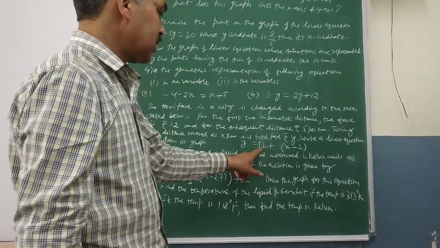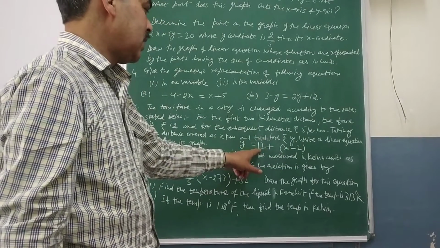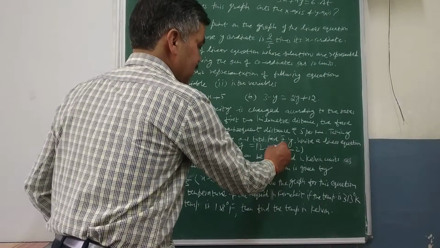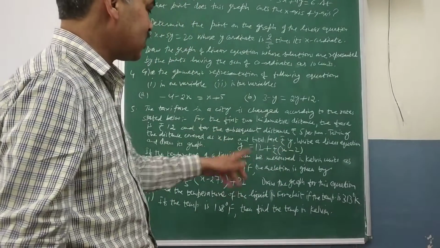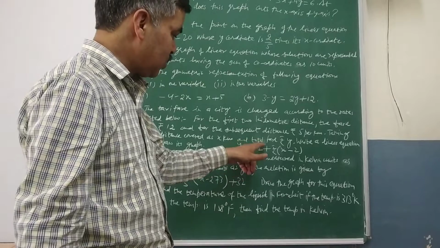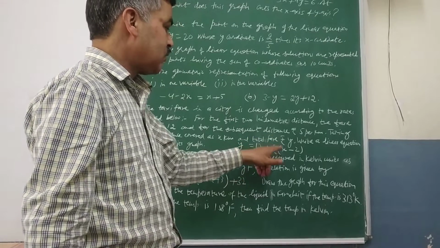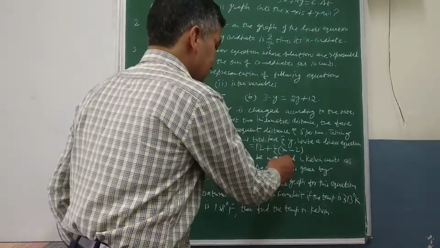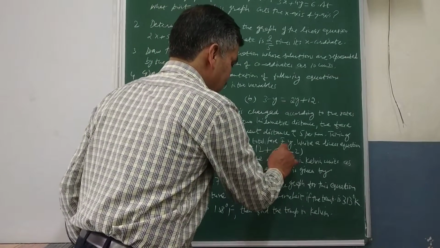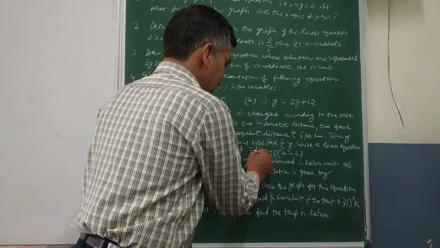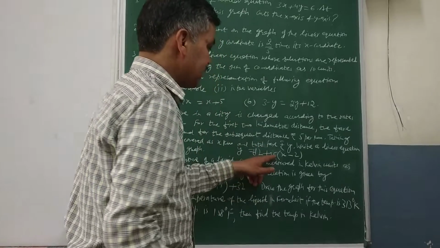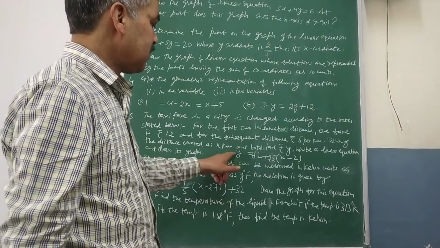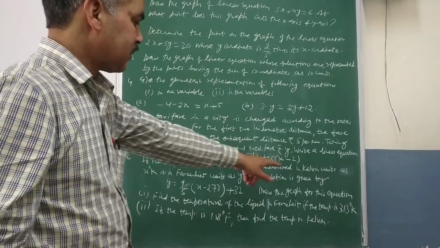For the remaining you are charging at the rate of rupees 5 for the subsequent distance. So this is rupees 12 and this is rupees 5 into x minus 2, that is the remaining distance, and then the equation will be y is equal to 12 plus 5 into x minus 2.